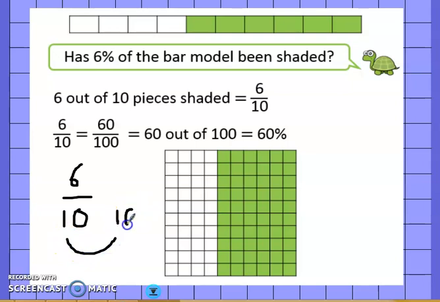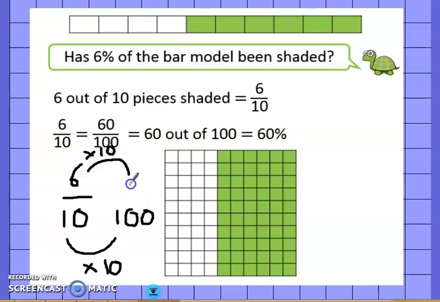So we always want it to be out of 100 to find the percentage. So I'm going to look here, how many 10s go into 100, and the answer is 10. So I'm timesing the bottom number by 10, your denominator, and now I'm going to do the numerator. So because I timesed it by 10 on the bottom, I'm doing the same to the top.